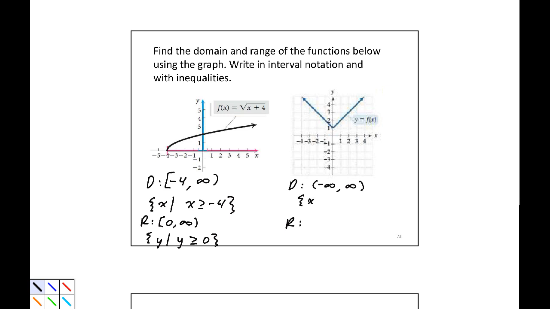So we would write it like this: x such that x is a real number, which means it continues forever. There is no point where it's not in the domain. And our range, well, the lowest point this gets is minus 1, and it increases indefinitely. So this would be y such that y is greater than or equal to -1.